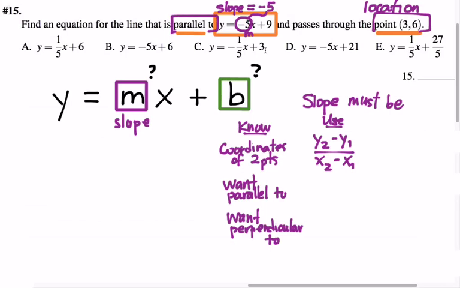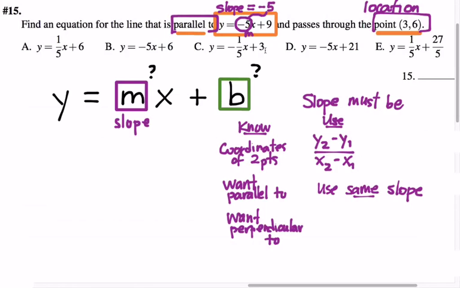So now we want to use that information somehow. We're trying to find an equation in this problem of a line which is parallel to the original. What's true about the slopes of two parallel lines? Peter? They're the same. So in this little chart over here, and this is also on your quick facts sheet, the slopes of two parallel lines are exactly the same as one another.